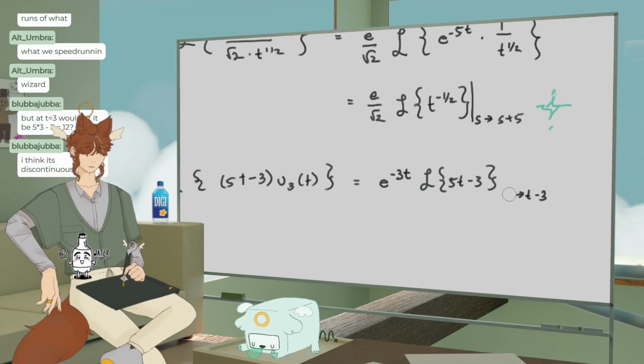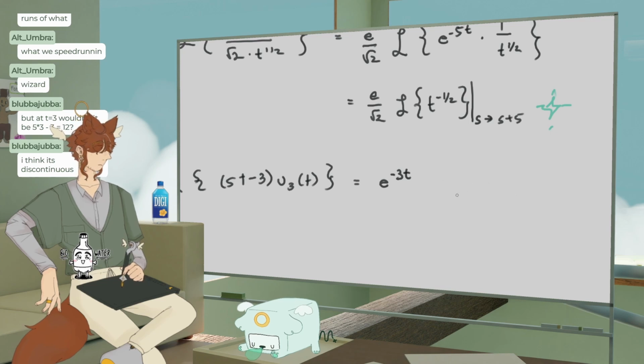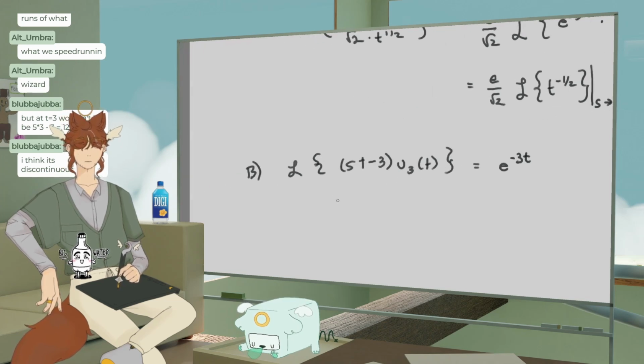The e to the negative 3s is going to happen, but we need to format the f. Our f in this case is 5t minus 3, so it's going to be f of t minus 3 instead. We need to get that.